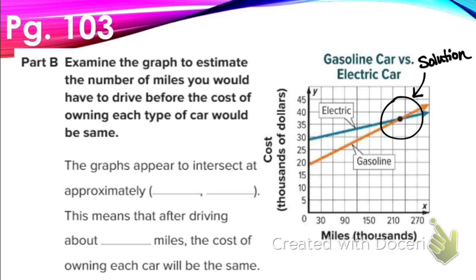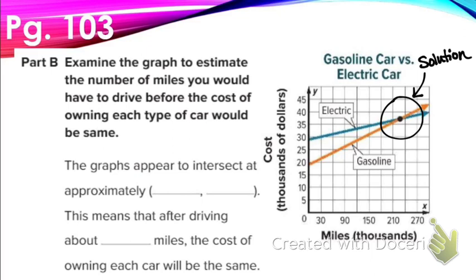What is the solution? How do we determine our solution based on this picture? Well, you can tell it's between 35 and 40 in terms of cost. Let's figure out how Jaden knew that.